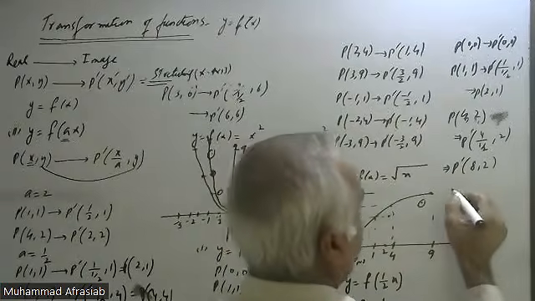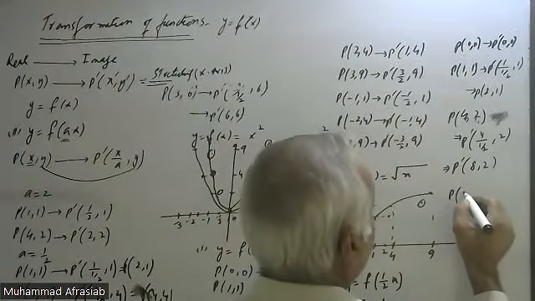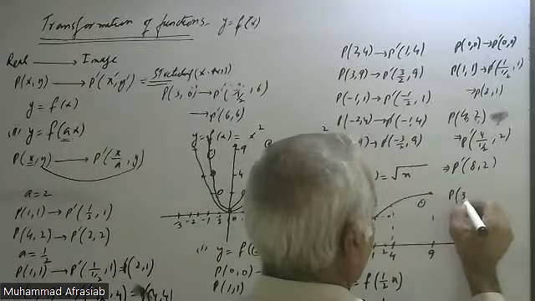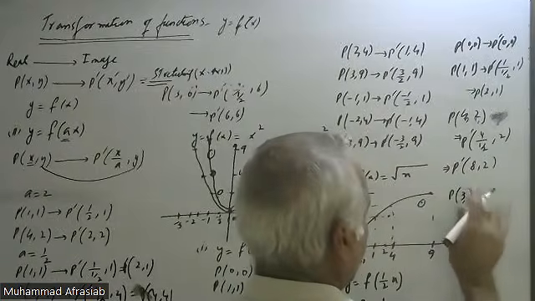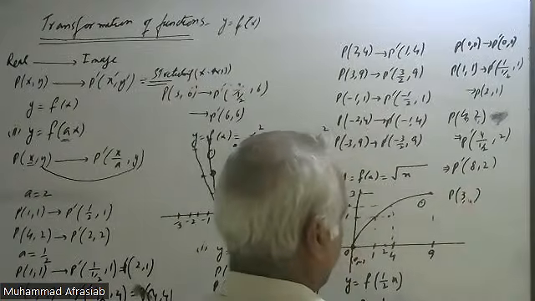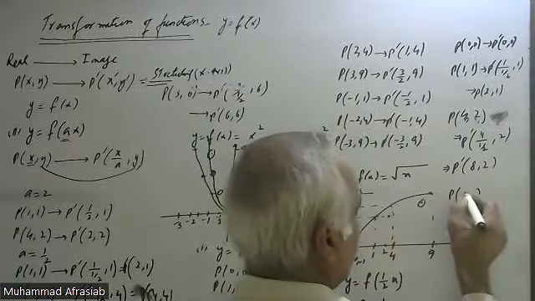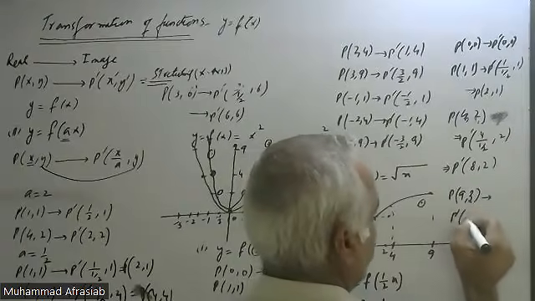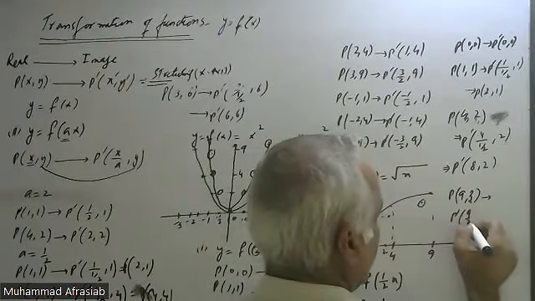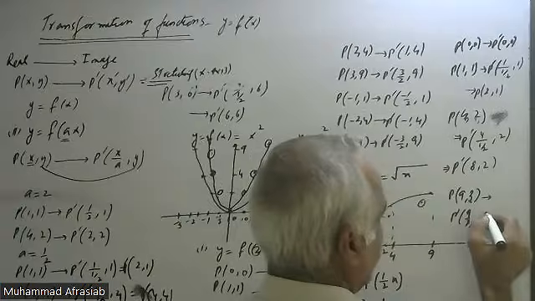So if the P value is 9 and 3 for the original graph, then P dash will be equal to 9 over 1 over 2 and 3.